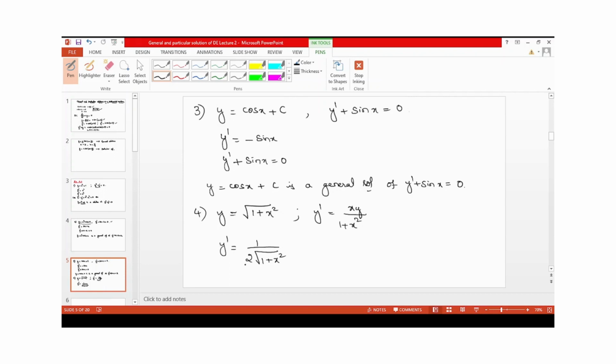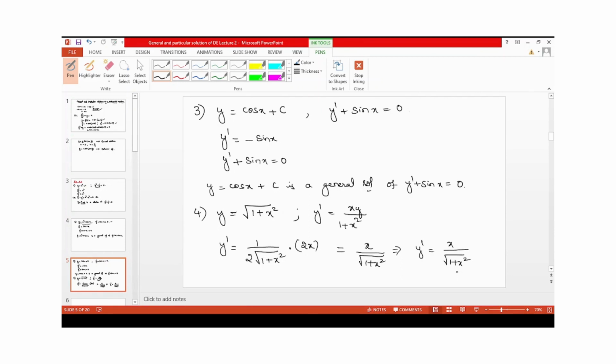Root x derivative is 1 by 2 root x, and the inner function is 1 plus x square, whose derivative is 2x. So 2 will be cancelled out. X by root 1 plus x square. Right? So y dash is equal to x by root 1 plus x square.